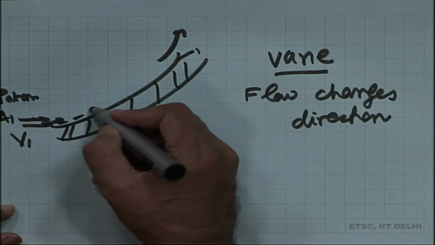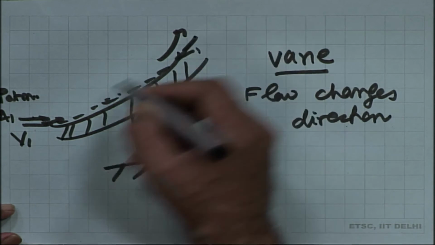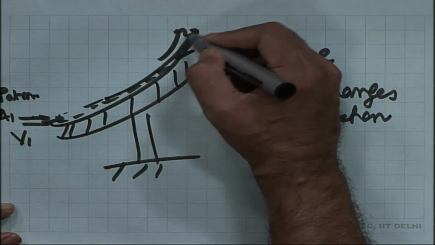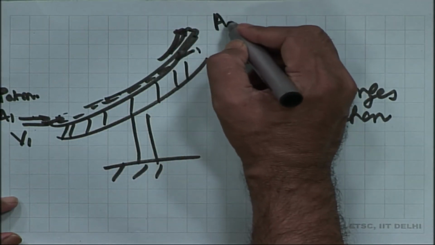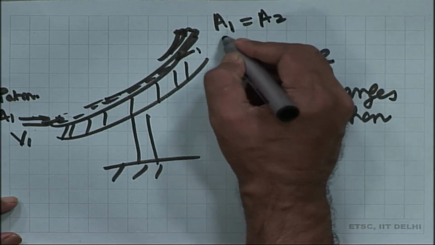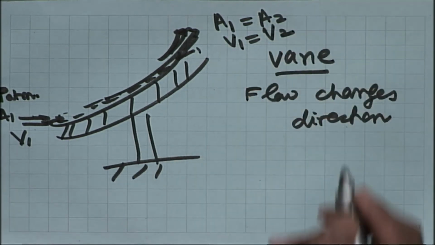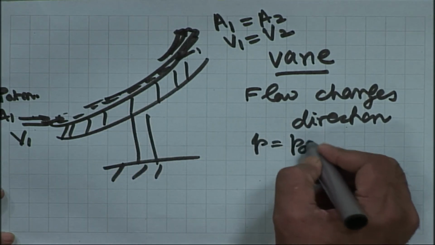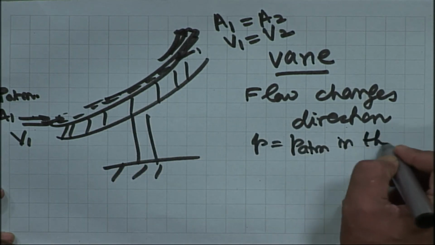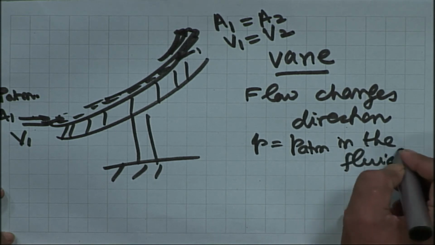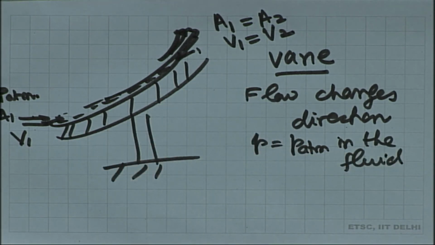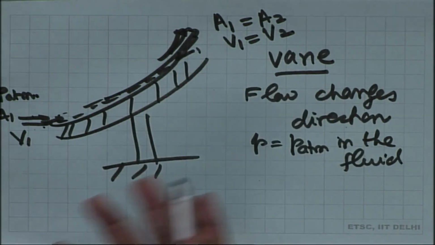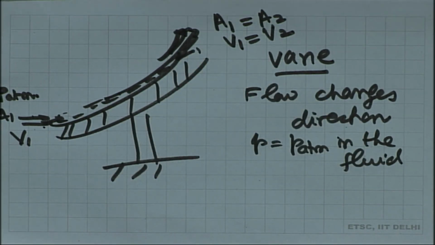So, this is a turning vane in which fluid is coming in and it changes. A1 is equal to A2, V1 is equal to V2, and pressure throughout is atmospheric, and this we can show once we do Bernoulli's equation.